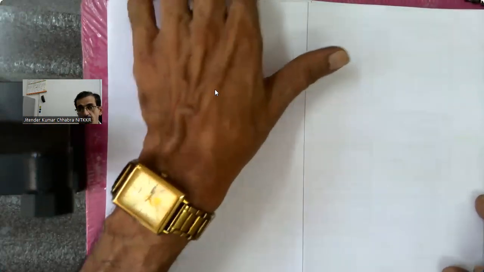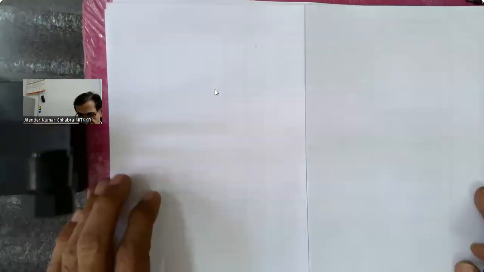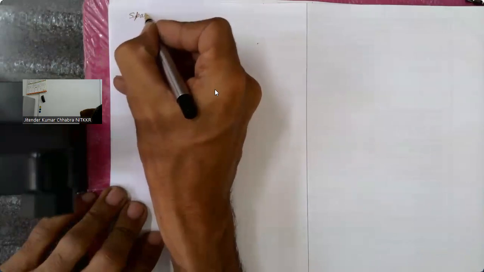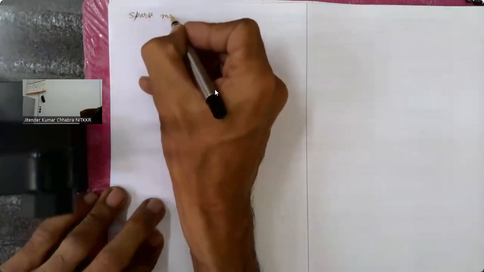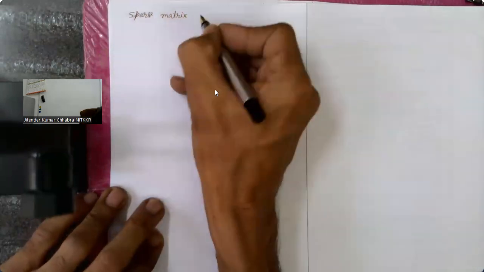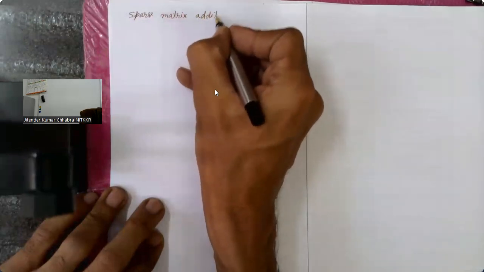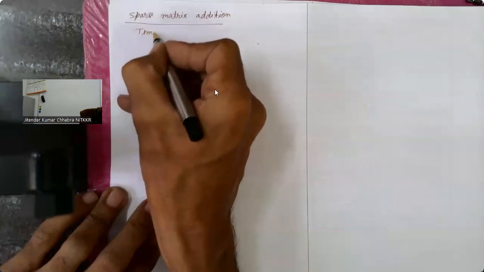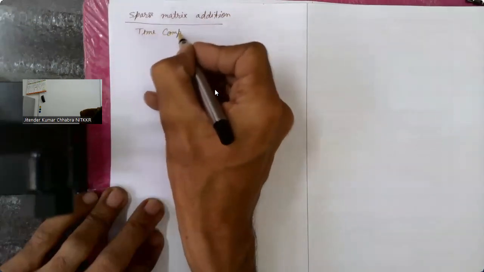Similarly, if I talk of the corresponding discussion for sparse matrix addition, again I can ask about the addition logic: what was the time complexity? How much is the time complexity? Can I estimate it in terms of big O notation?